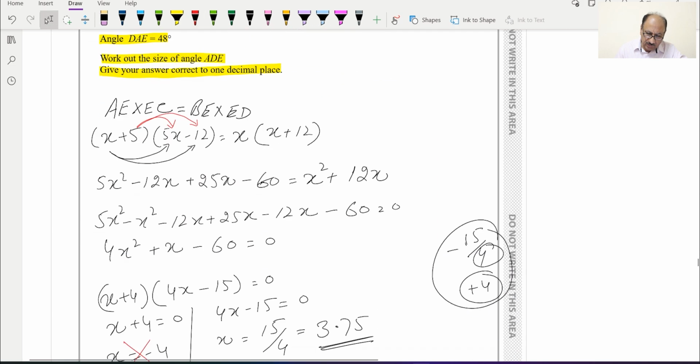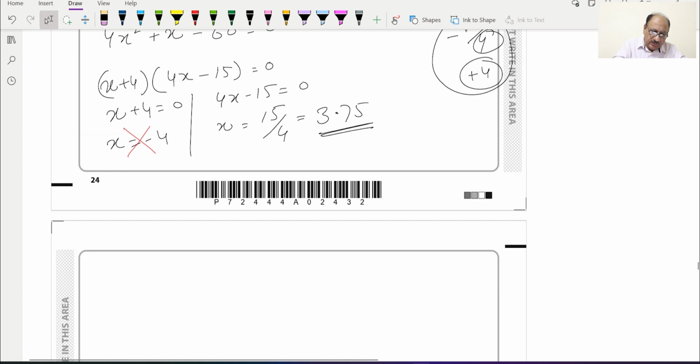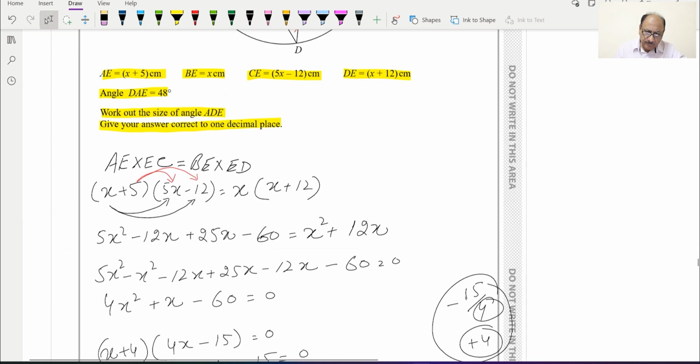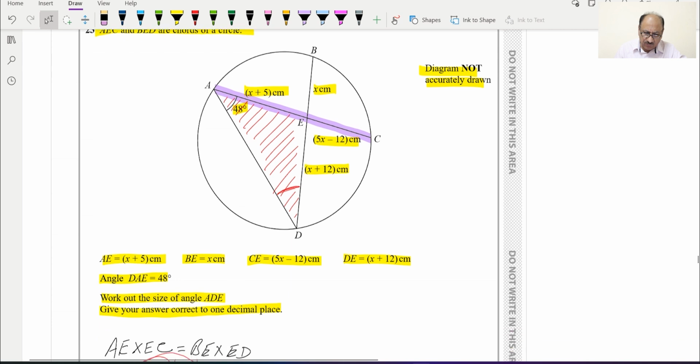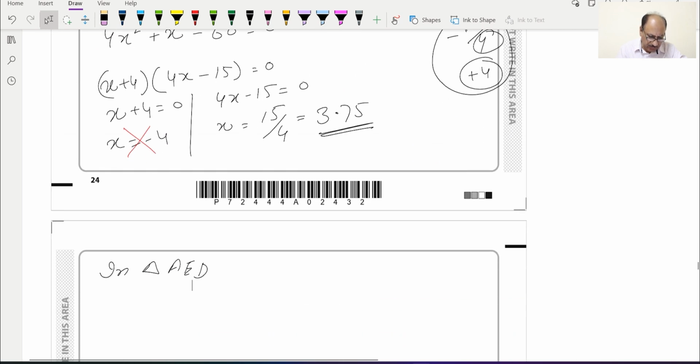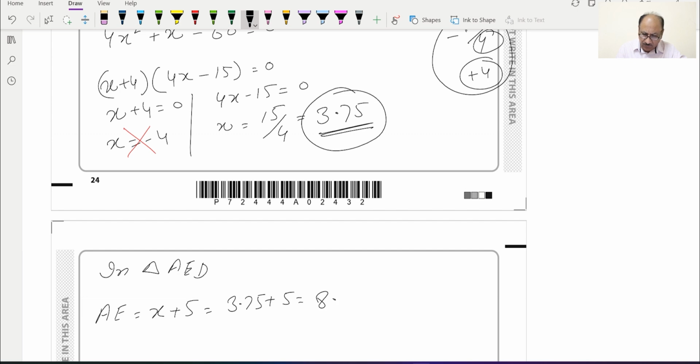In triangle AED, AE is equal to x plus 5, which is 3.75 plus 5, so 8.75 centimeters.